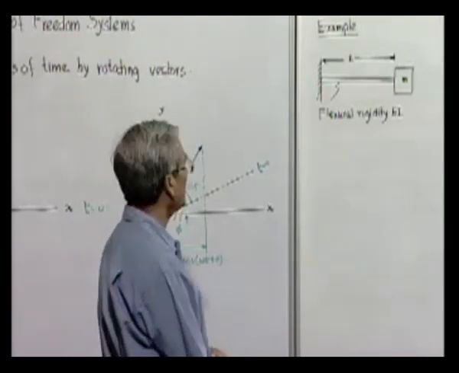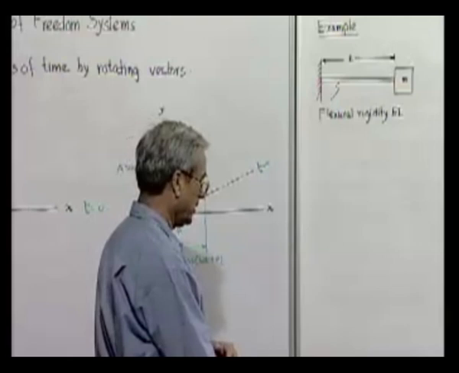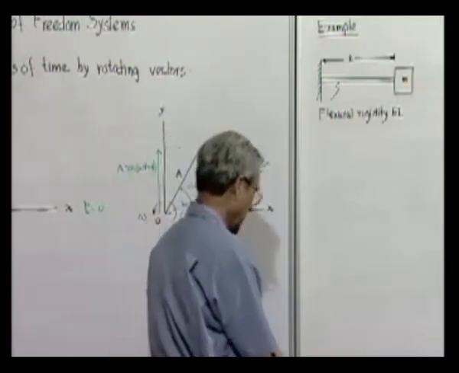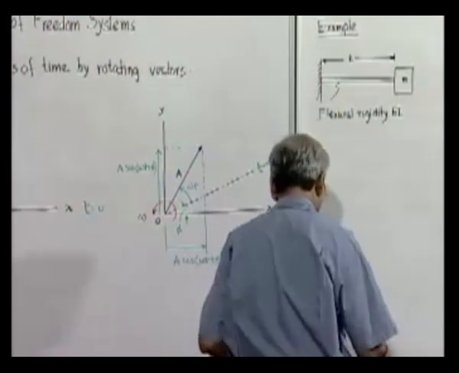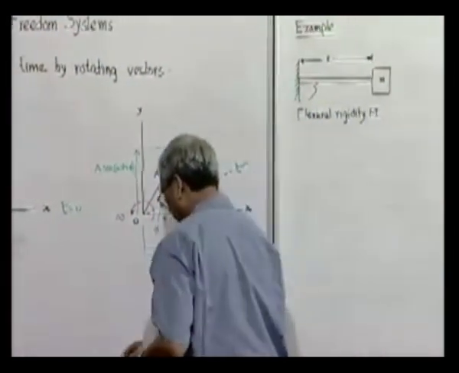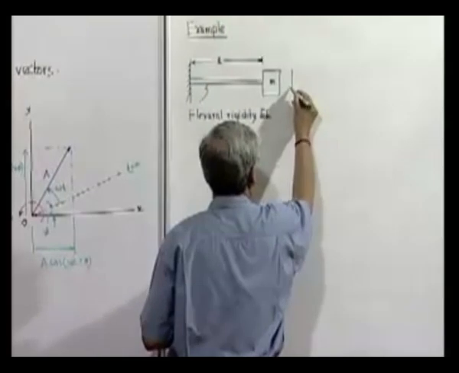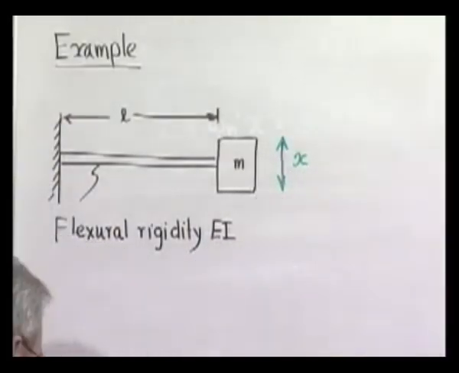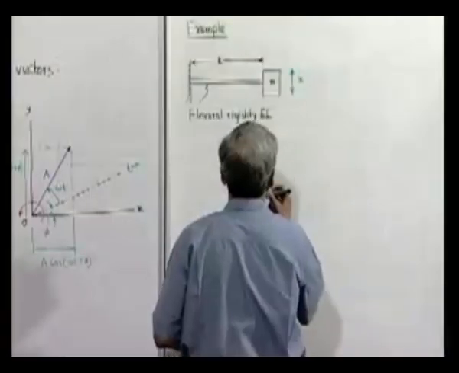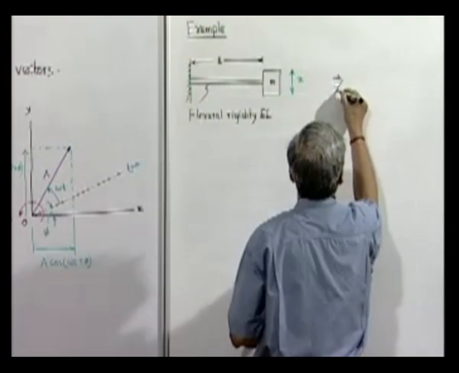So therefore, we will treat the cantilever beam as a simple spring element, and it does not possess any inertia. Now we know in this case the motion is going to be up and down motion. So therefore, we can actually treat this problem with a lumped parameter model.